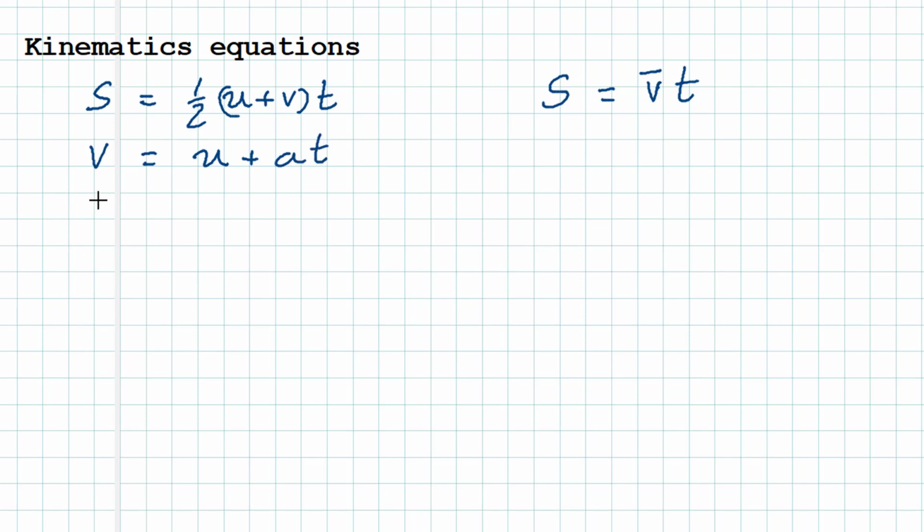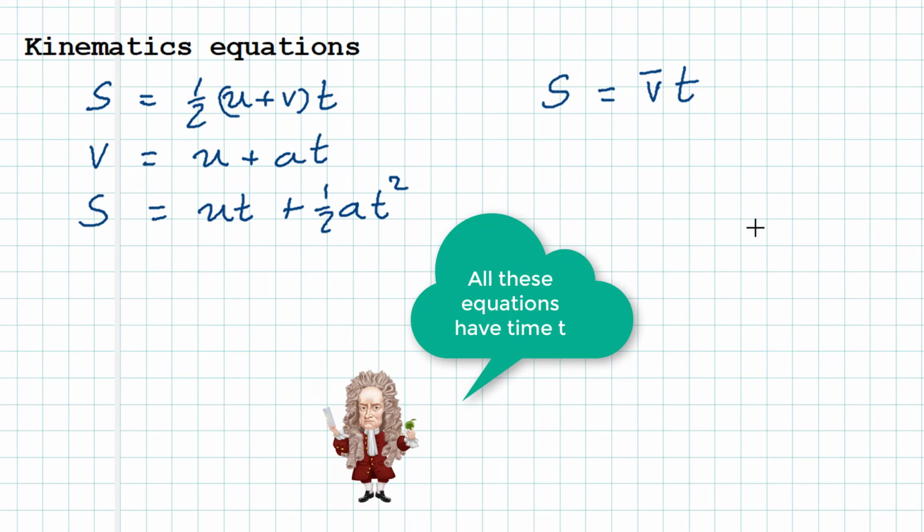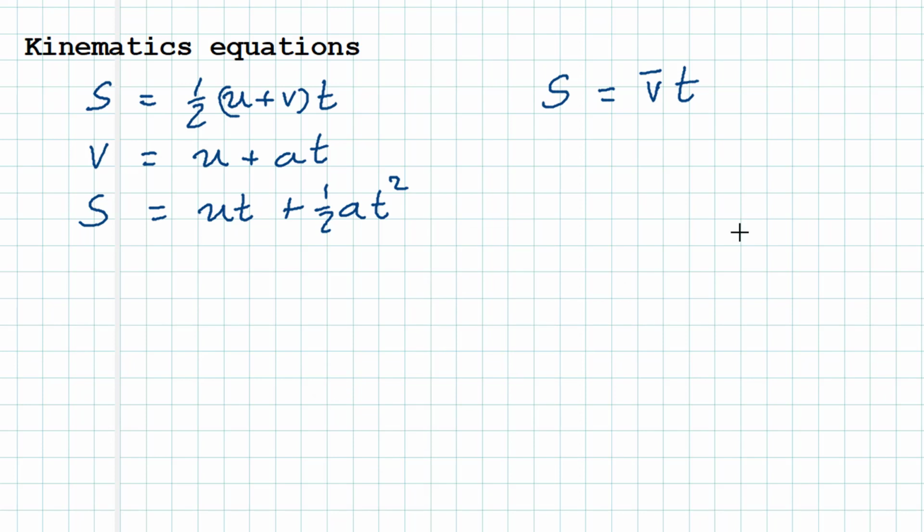And we've also got displacement s equals ut plus 1/2 at squared. Now notice every one of the kinematic equations so far has got time involved, and what we'd like to do is get an equation where there's no time involved. So let's see if we can try and arrange that.